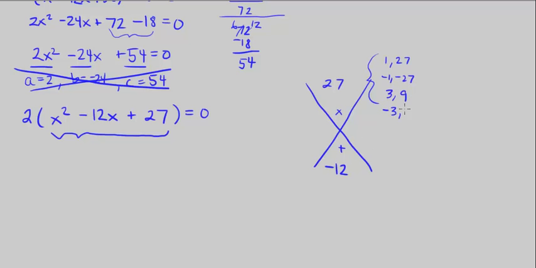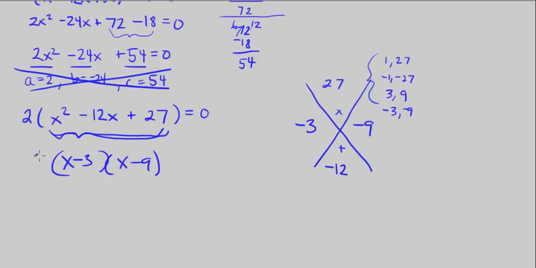Well, how about negative 3 and negative 9? Yes, negative 3 times negative 9 is equal to positive 27, and negative 3 plus negative 9 is negative 12. So we could go ahead and factor this to be (x - 3)(x - 9).